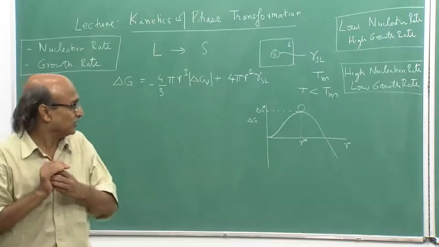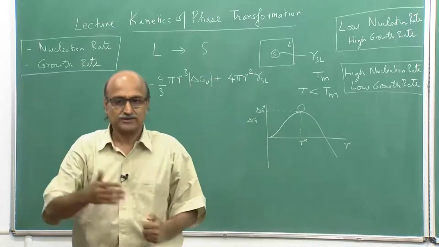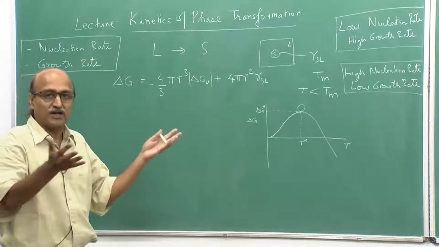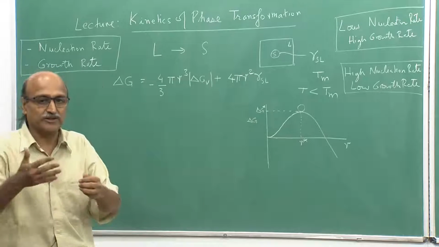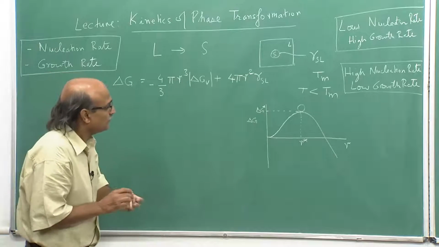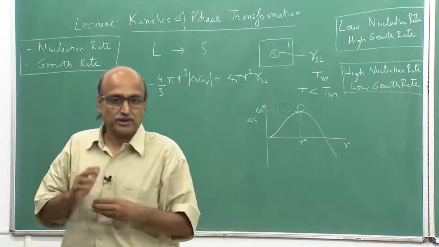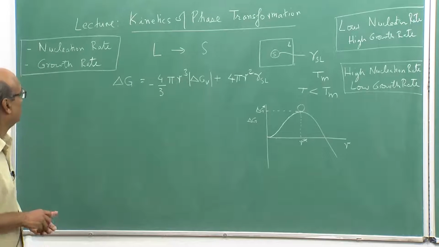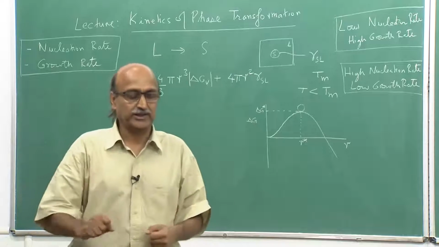And if these conditions determine the scale of the microstructure, then a material that has, let us say, large grains has a different set of mechanical properties versus a material with small grains. So, by controlling nucleation rate and growth rate, we can then control the properties of the material. That is one of the crucial reasons why we need to understand the kinetics of phase transformation in great depth.